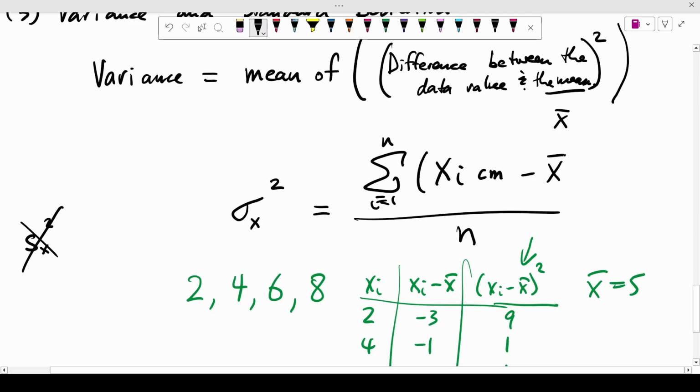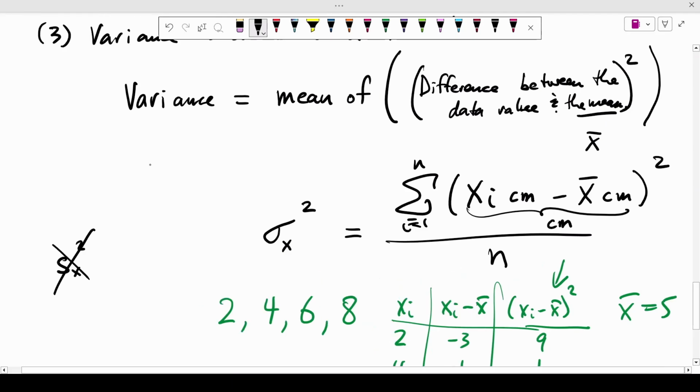So we have a mean number of centimeters. Each measurement is a certain number of centimeters. So the result of this subtraction is in centimeters, and then we square it. So then we actually have, well, an area, technically, centimeters squared, that we're averaging.